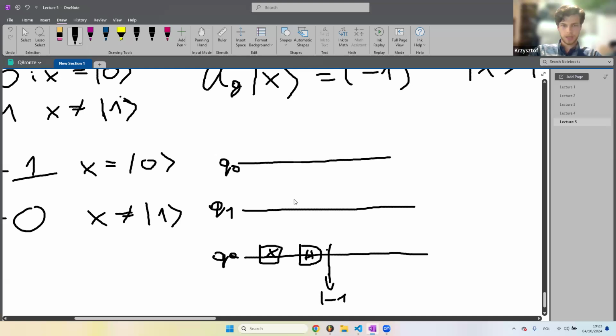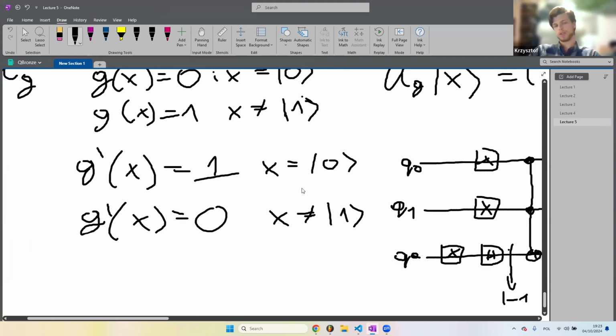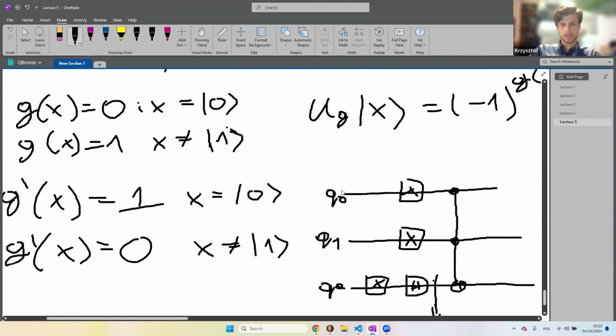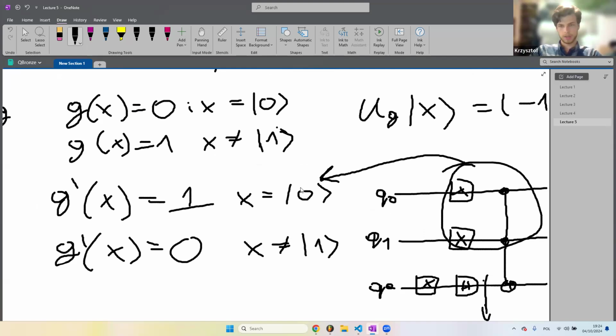And here we apply X gates and a control NOT gate. So from the multiple control notebooks from yesterday, you can recall that this exactly implements the function here.